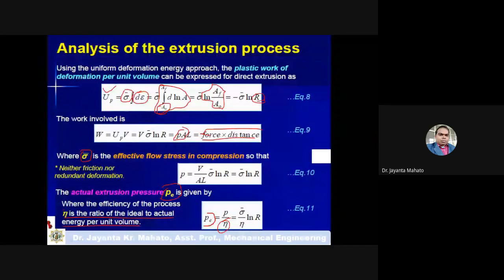P is nothing but sigma bar into ln of R, where sigma bar is the flow stress. So the actual extrusion pressure is P divided by the theta factor.